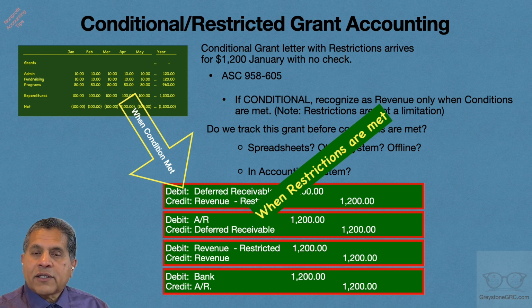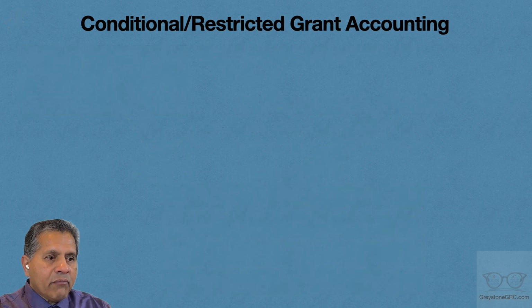So when you look at all these transactions together, you can see that it enables management to see in real time in the statement of activity and statement of position what might be outstanding so we don't drop the ball. However, accounting needs to stay on top of the ball if it crosses a reporting year and the books are closed, that we need to bring back the revenue restricted in the new year if we want to track it the same way. So that's a nuance of how you could track it. Now, there are variations of this that you could implement, but if you follow the basic spirit of what we're doing here, you should be fine.